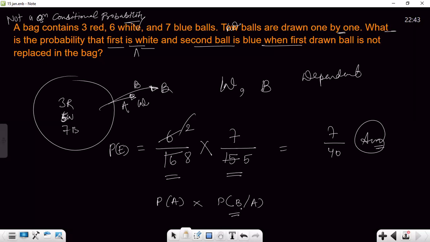So it's not exactly a question of conditional probability, but we can understand it like this, that this 7 by 15 is the probability of event B after event A has taken place. Is that clear? Yes, sir.